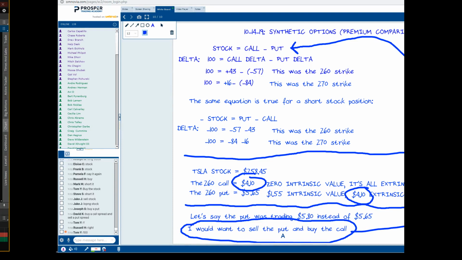Exactly, Tom. I have plus 100 delta, which is the equivalent of stock. So to hedge, I would have to sell stock. Does everybody understand that?